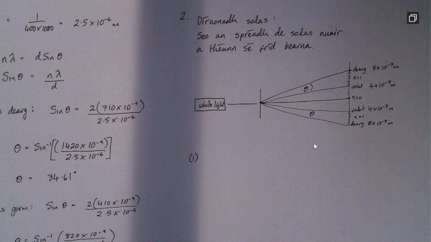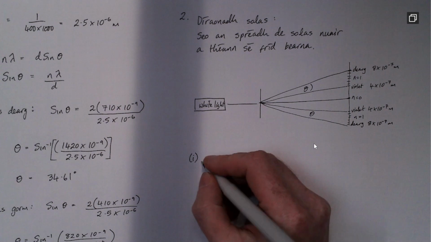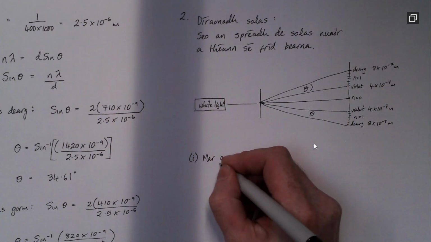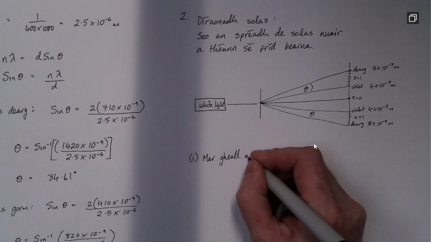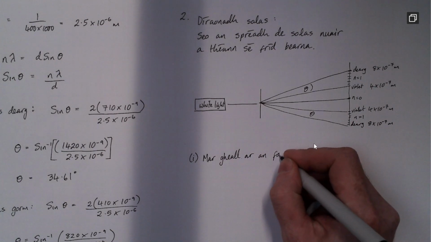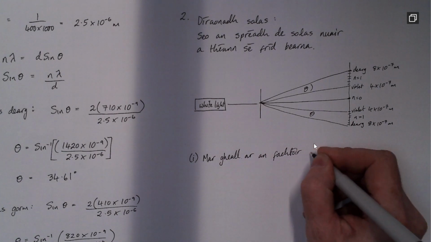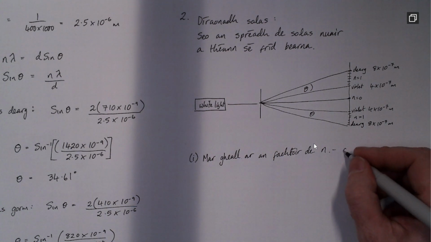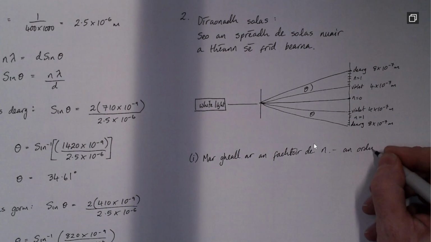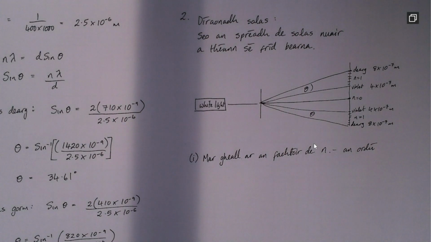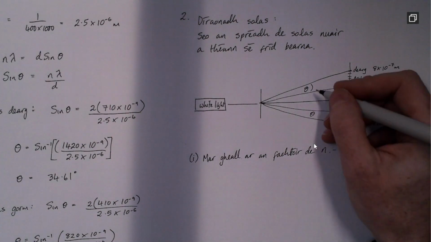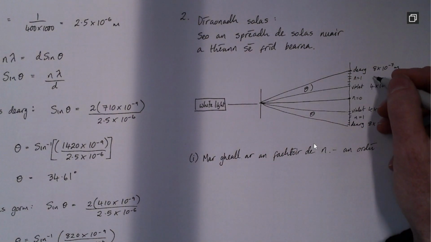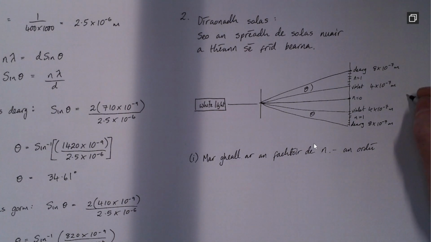So it's all due to the factor n, the order. Do you see what I mean? Because when n equals 1, we use the formula n lambda equals d sine theta.